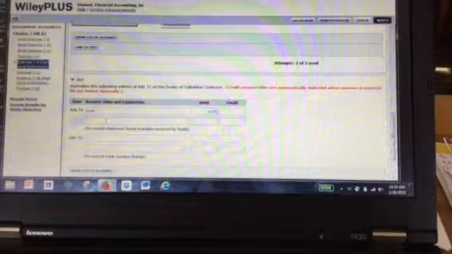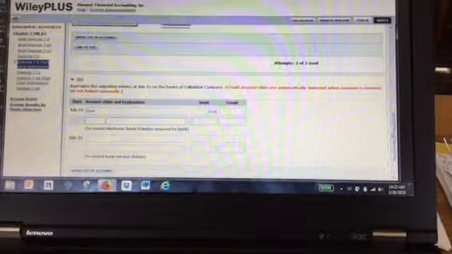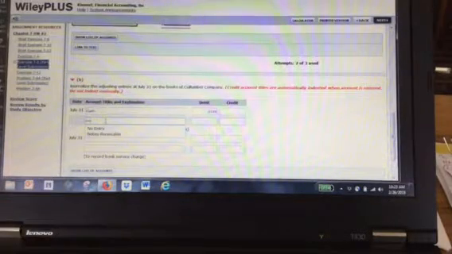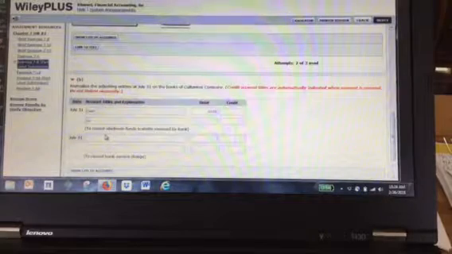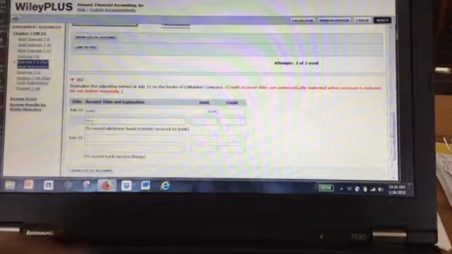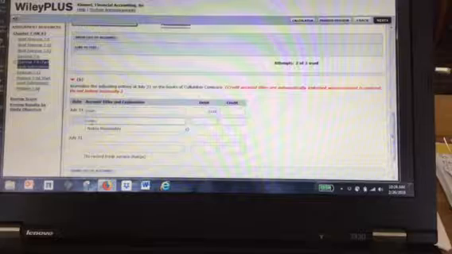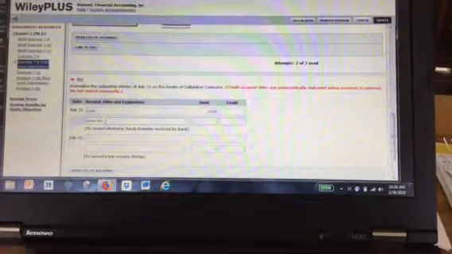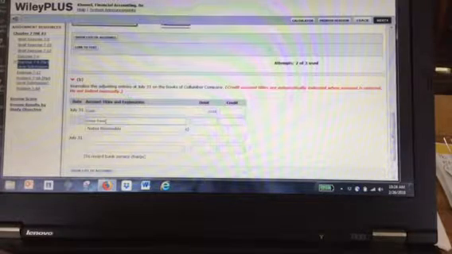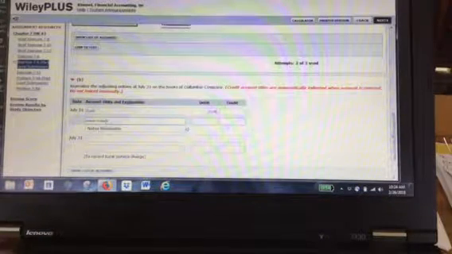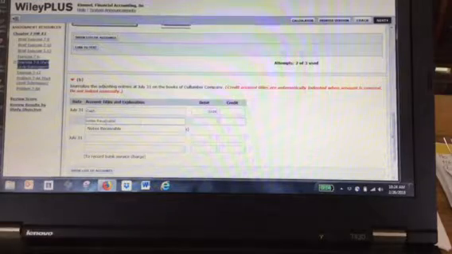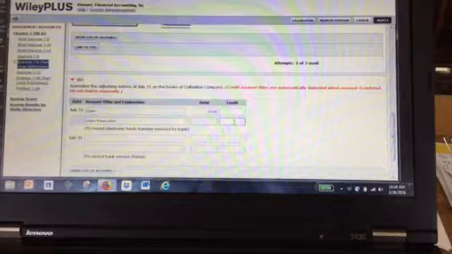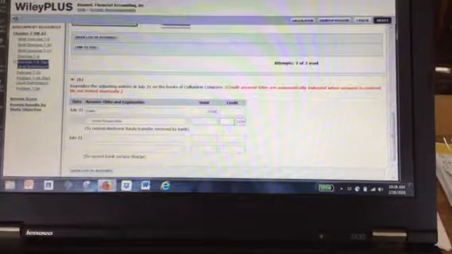And then to make that balance, we need to credit notes receivable, or accounts receivable. It's notes receivable is how it's listed in here. And that'll come as a credit, again, to balance out our journal entries.